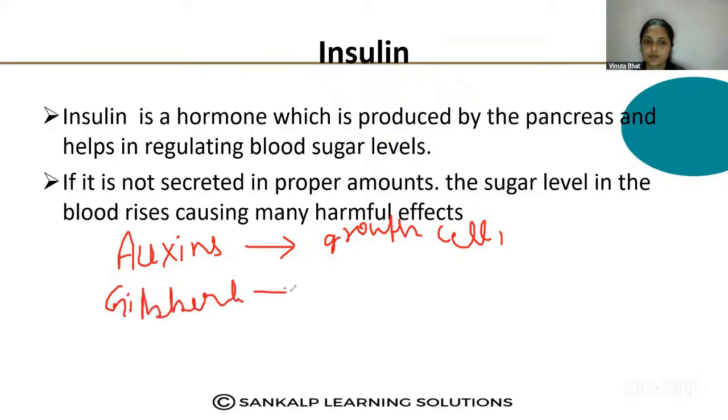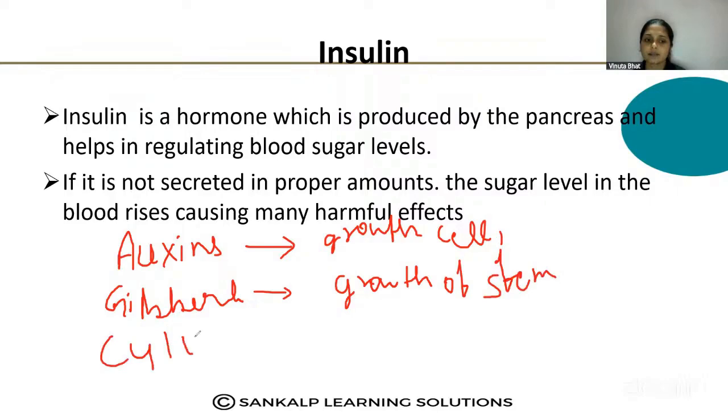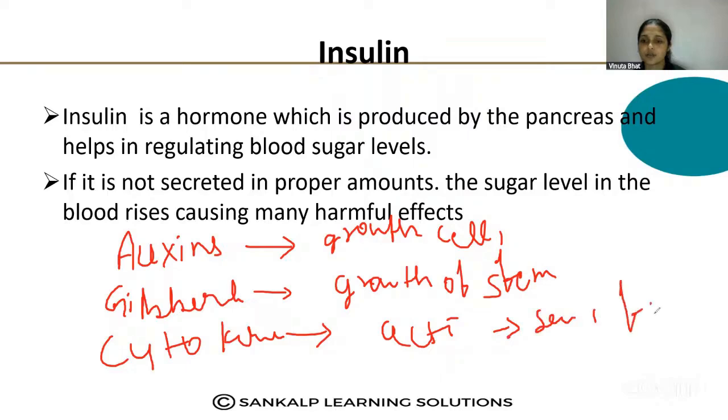Gibberellins also help for the growth of the plant, the growth of the stem, elongation of the stem. Then cytokinins also help for growth; they are mainly present in actively cell-dividing regions like seeds and fruits.